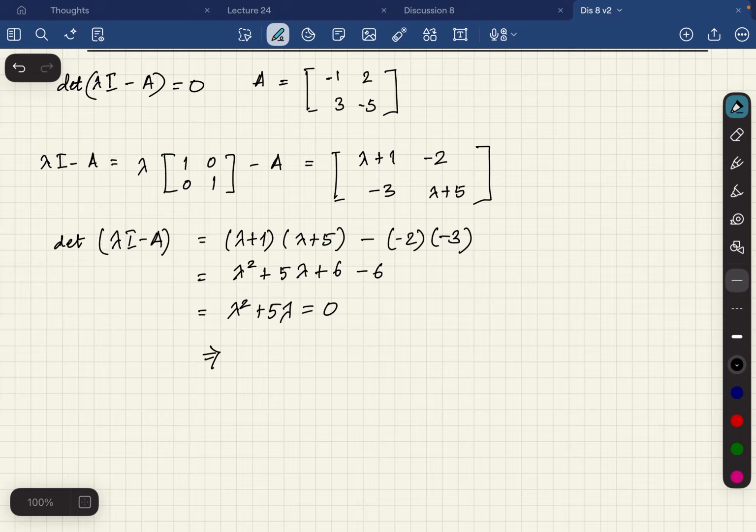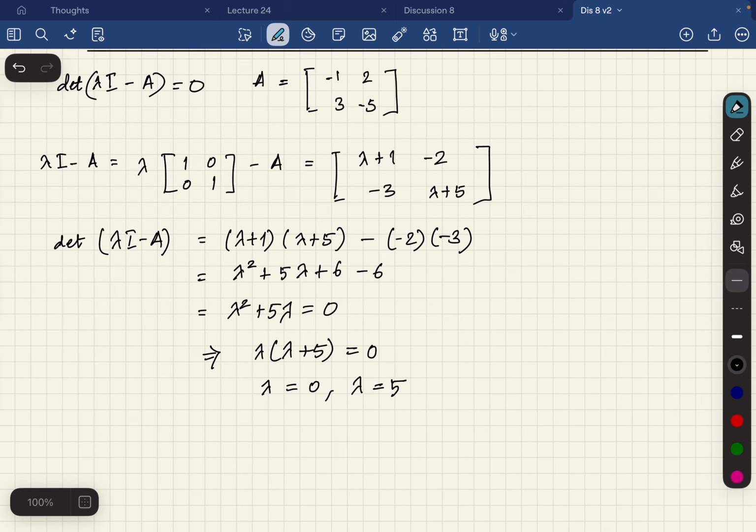So what are its roots? Lambda equals 0 and lambda equals minus 5.